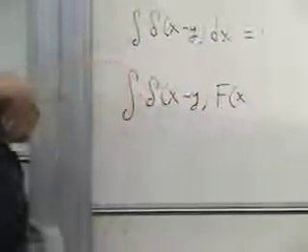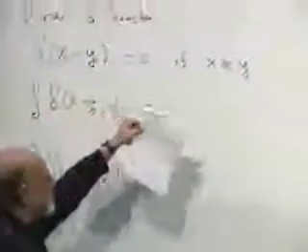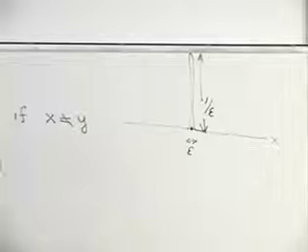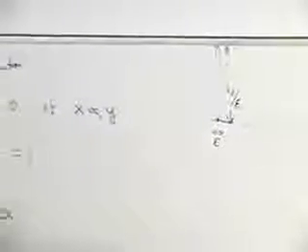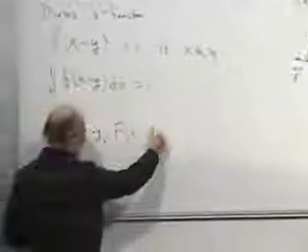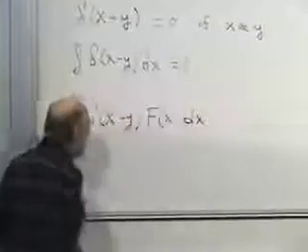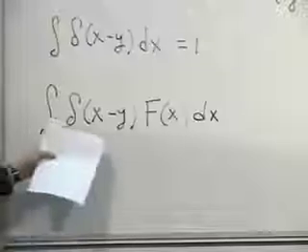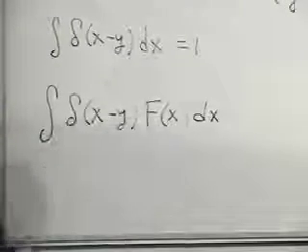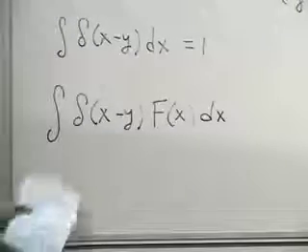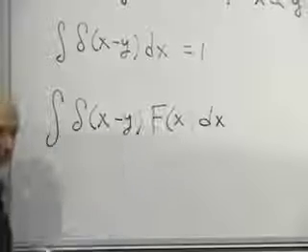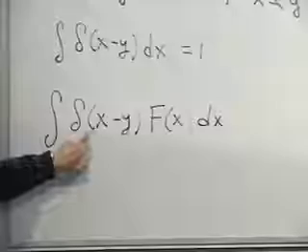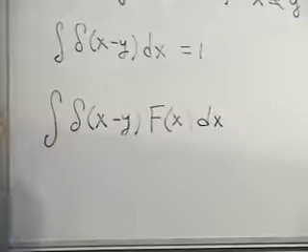But let's use this intuitive picture of the delta function to motivate what the answer to this integral is. This is integral dx. First of all, the answer can only depend on f at x equals y. It cannot depend on f anywhere except x equals y, because the function that it's being folded in with vanishes everywhere except at x equals y.